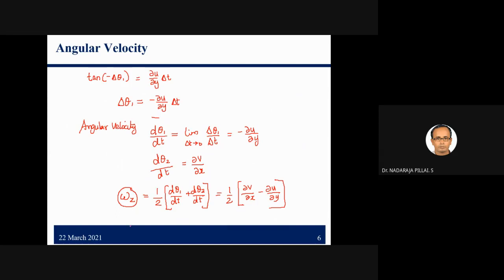In the similar fashion, we can write the angular velocity in x, angular velocity in y. So if you want to represent the angular velocity for three-dimensional space, the angular velocity omega is equal to omega x i plus omega y j plus omega z k, right?